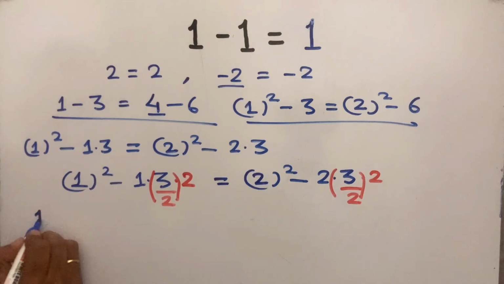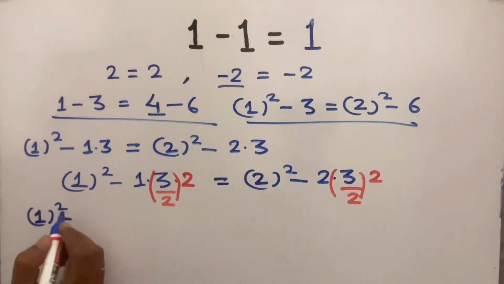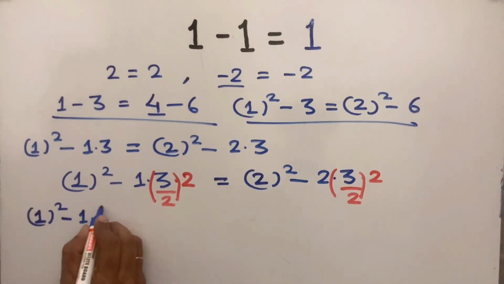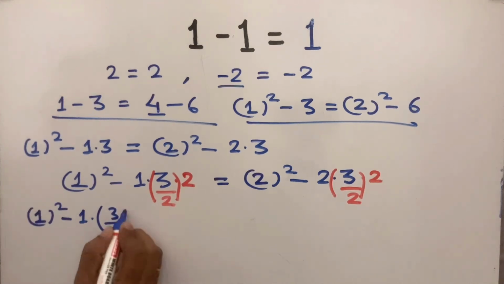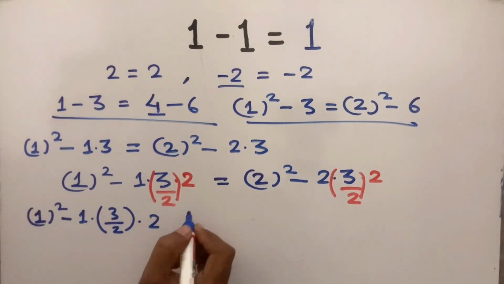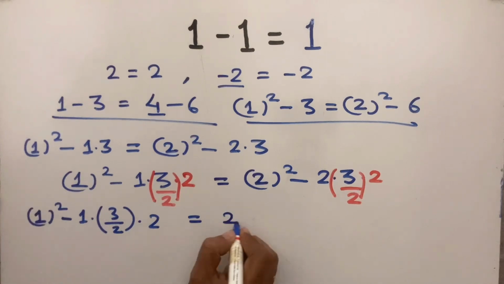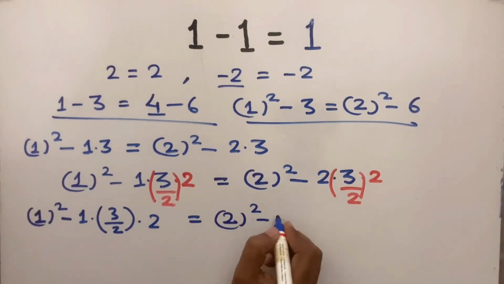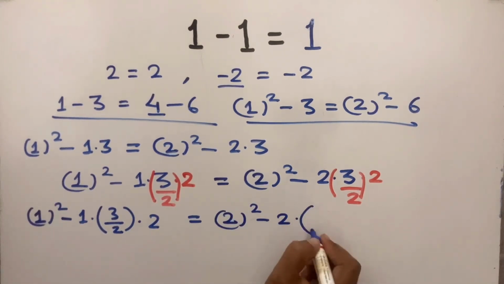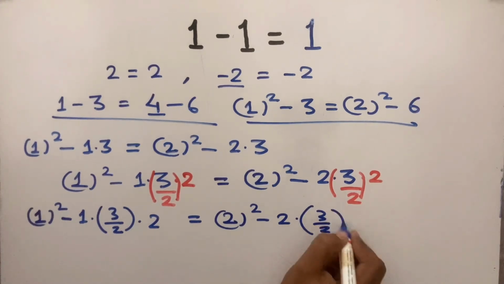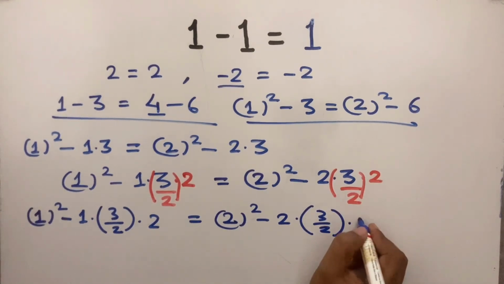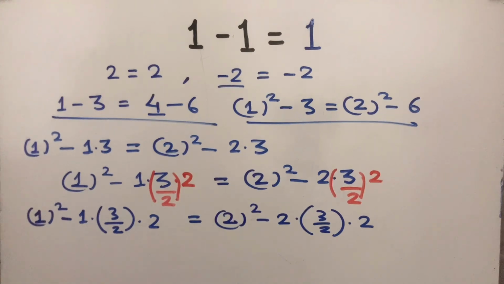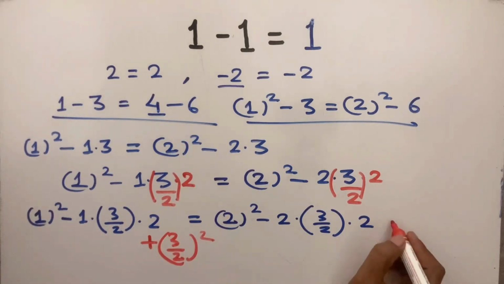So this becomes 1 square minus 1 multiplied by 3 divided by 2 multiplied by 2 is equal to 2 square minus 2 multiplied by 3 divided by 2 multiplied by 2. Now we are going to add 3 by 2 square on both sides of the equation.